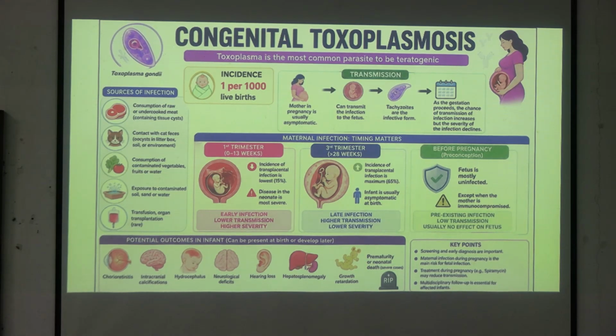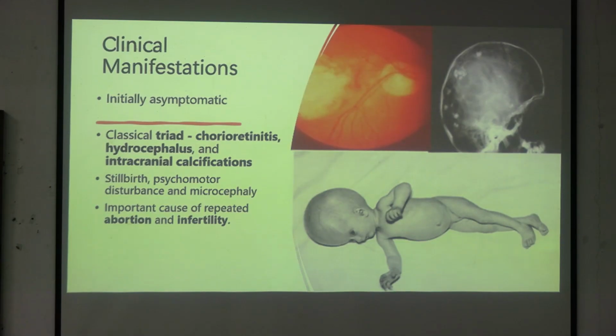What can happen? You have a triad of chorioretinitis, then hydrocephalus, and intracranial calcification. Okay, so these three things you will find in the congenital toxoplasmosis affected infant, but mostly it is initially asymptomatic, and when it develops it will revolve around these three. Also you will have IUGR, intrauterine growth retardation.